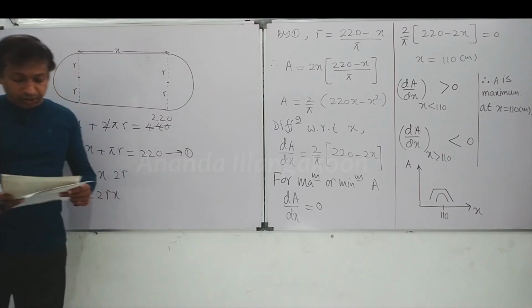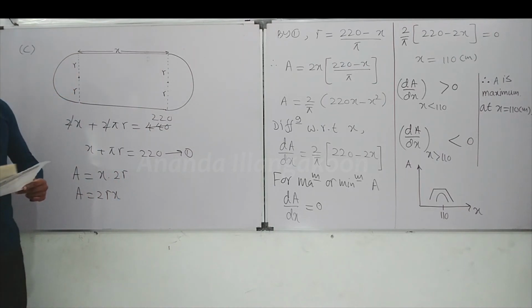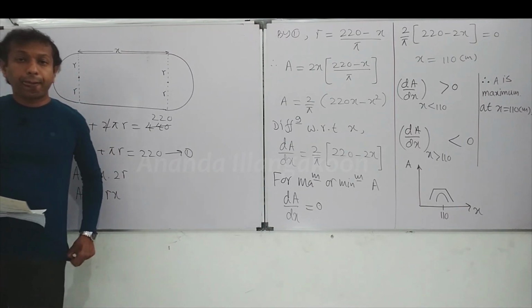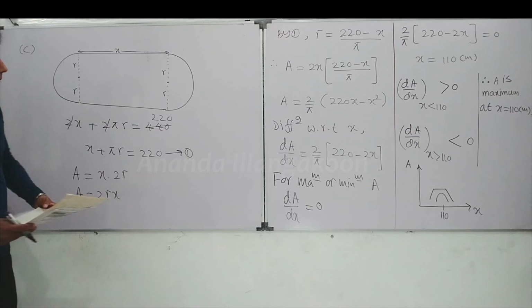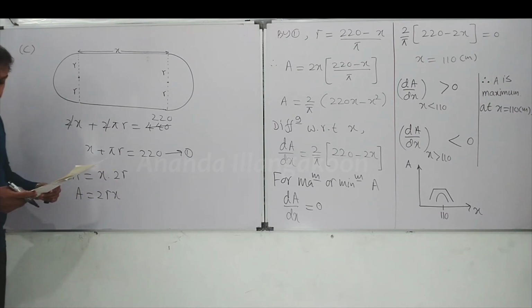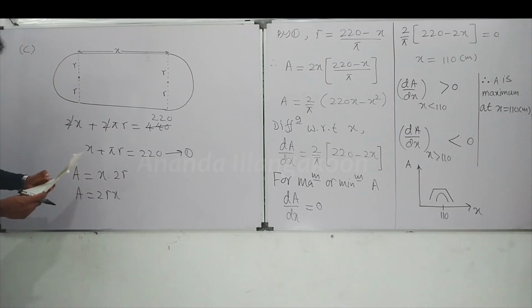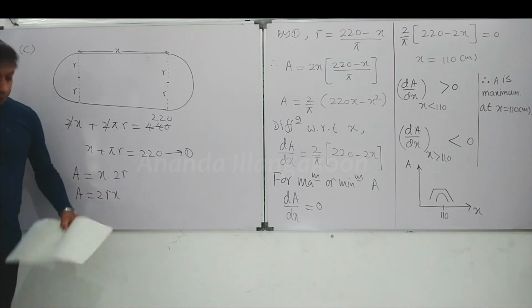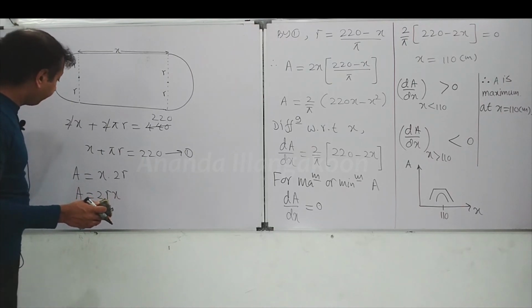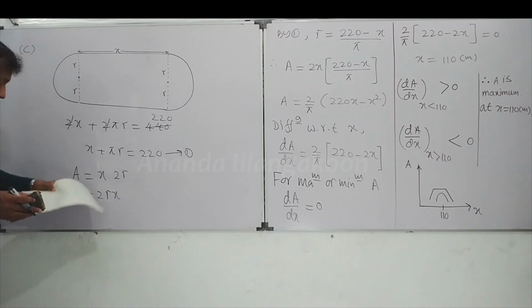Now, we are asked to find the length and the breadth. The length we already found, it is 110. The breadth is going to be 2r. So you can find 2r like this.